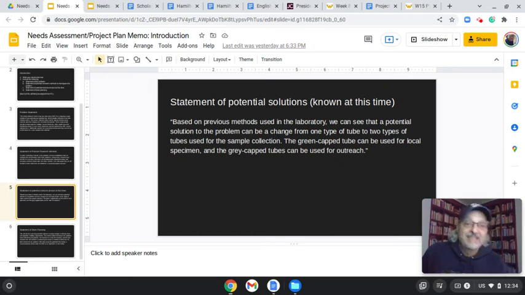When we last left, I was trying to wrap up real quick before I ran out of time, a statement of potential solutions known at this time. And I was discussing, and one thing I wanted to add to this is that I like the fact that while there's going to be more, the audience specifically maybe just yet doesn't know what green capped versus gray capped means, but I like the fact that they've already put forth a potential solution, or solutions, that there's also going to be a problem with that.